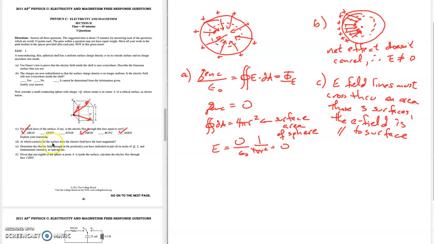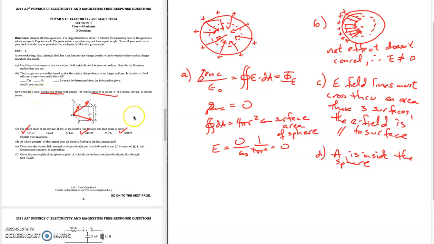All right, at which corner does the electric field have the least magnitude? Well, keep in mind that we still have a sphere here, and the center is at A. Well, what that means is that A is inside the sphere.